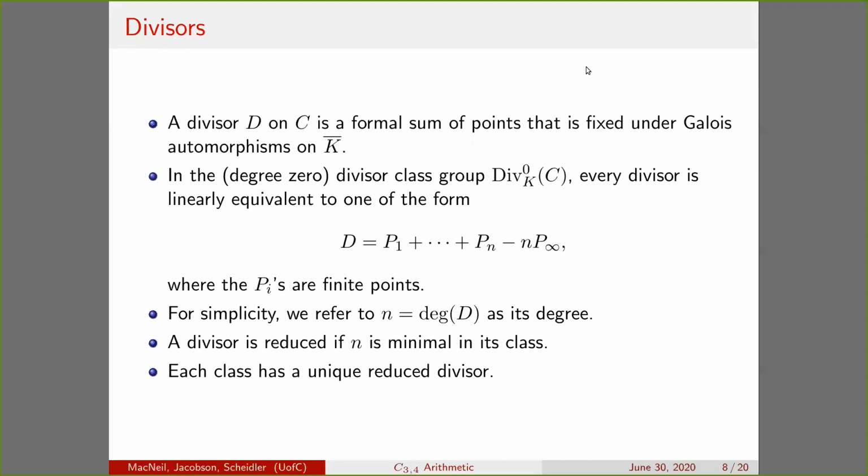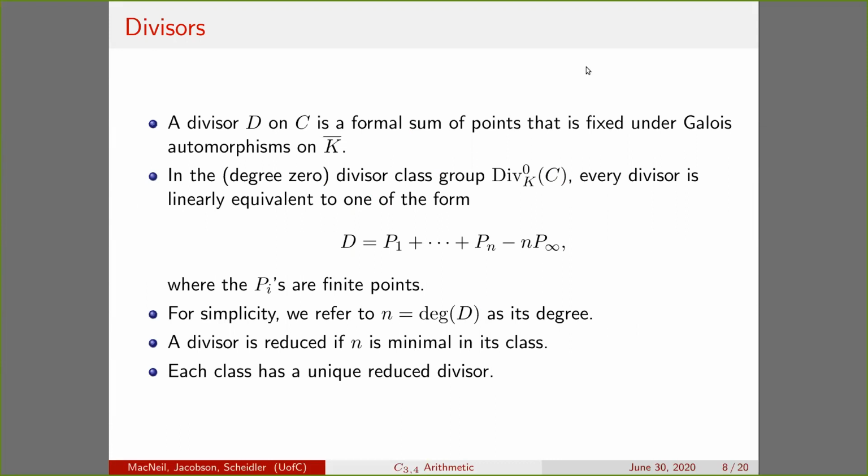A divisor on a C3-4 curve is a formal sum of points that remains fixed under Galois automorphisms on K bar. That's the algebraic closure of K. In the divisor class group of C, every divisor is linearly equivalent to one of the following form.